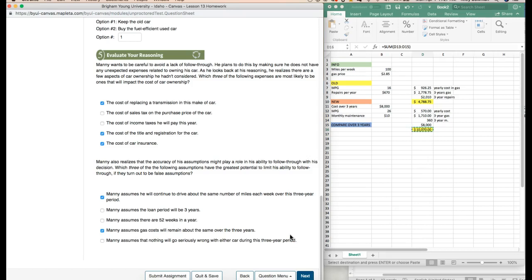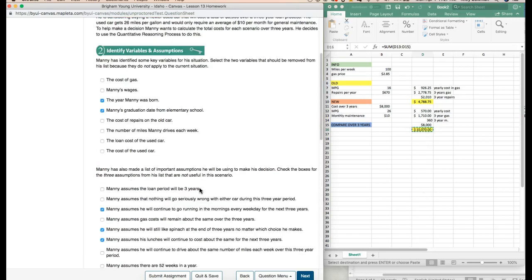That's a very big assumption, and we talked about it up here, like the cost of replacing a transmission or having a serious maintenance or repair cost. So I'm definitely going to do that one. Okay, so these two, I'm going to keep those off because we already kind of assumed that he was going to get his 3-year loan, and that looks like we're at the end.